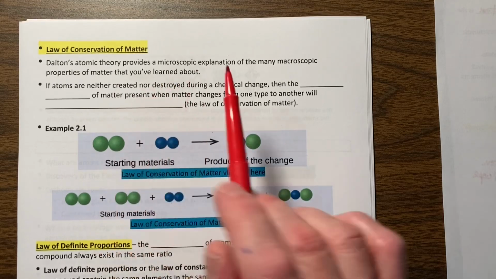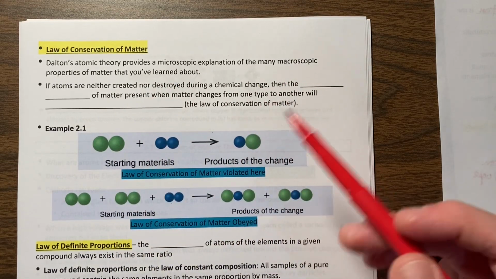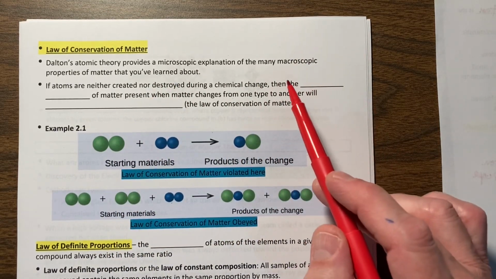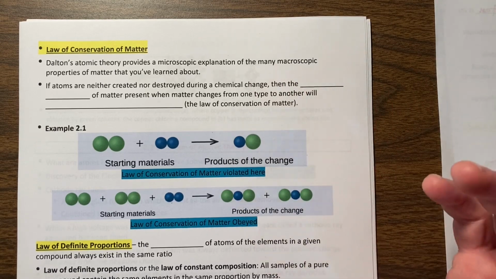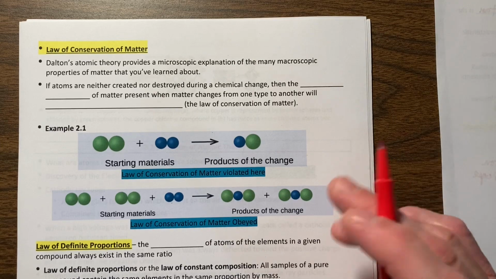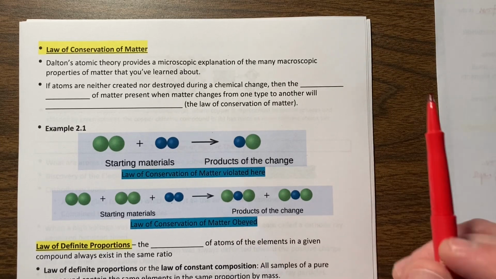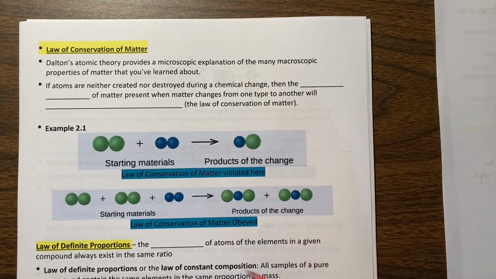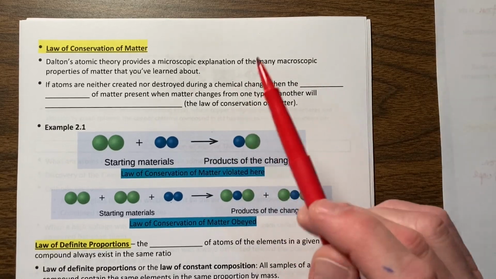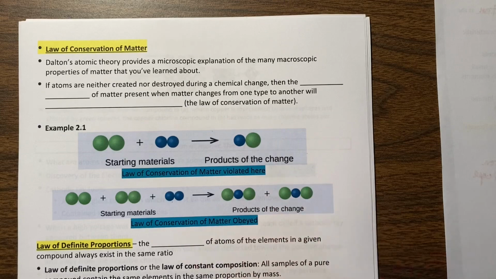It provides a microscopic explanation of the macroscopic properties that we learn about, the density of a material or its boiling point or its melting point. Those are properties we can measure in a lab, but all those things, and how chemical compounds are formed, are explained by Dalton's theory of atoms combining in these whole number ratios.